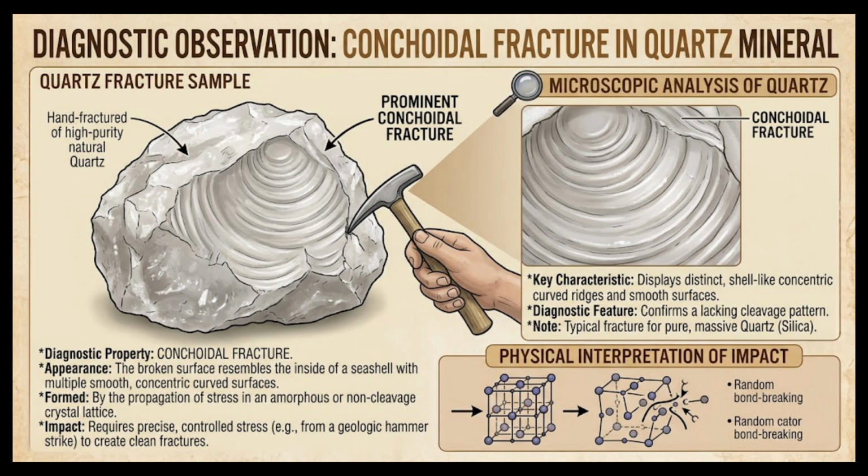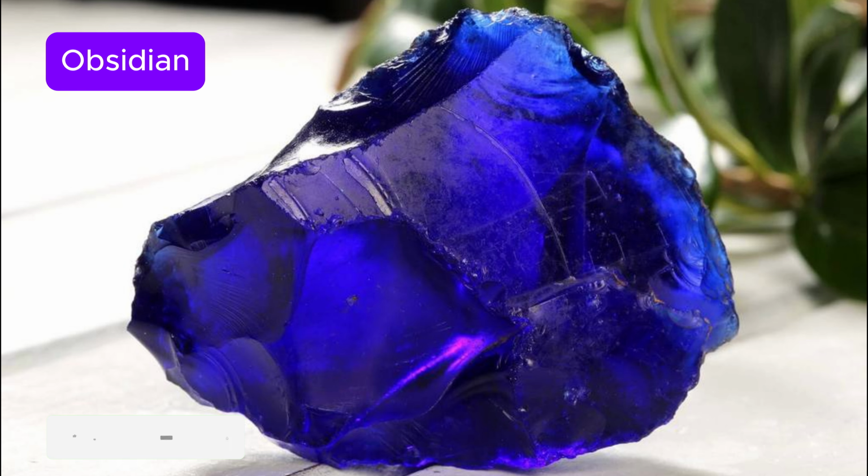For example, quartz. Quartz commonly displays conchoidal fracture. The broken surface can look like the inside of a shell, with smooth curved surfaces. The other example is obsidian. Obsidian is a volcanic glass. It is not a mineral because it lacks a crystal structure, but it commonly shows excellent conchoidal fractures.